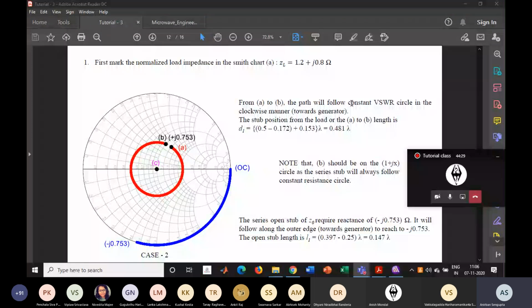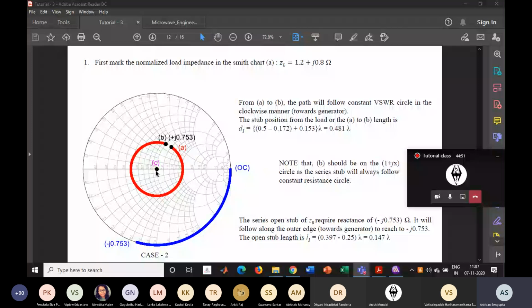From A to B, you have to go from this point to this point in a clockwise manner. So you connect the lines from the center and extend them further to the edge of this circle for both the cases. Take the values on the outer edge and you will find the length.